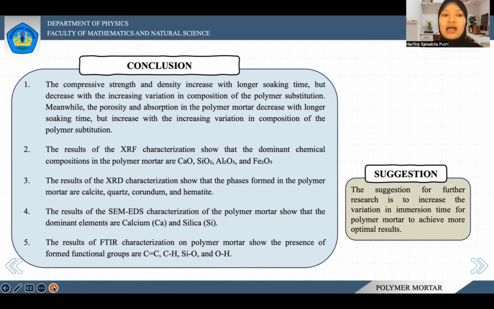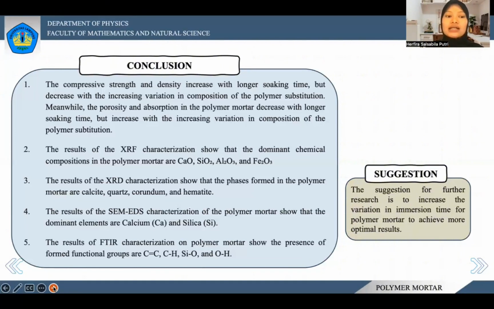And for the second, the result of the XRF characterization showed that the dominant chemical compositions in polymer mortar are CaO, SiO2, Al2O3, and Fe2O3. The result of XRD characterization showed that the phases formed in the polymer mortar are calcite, quartz, corundum, and hematite.